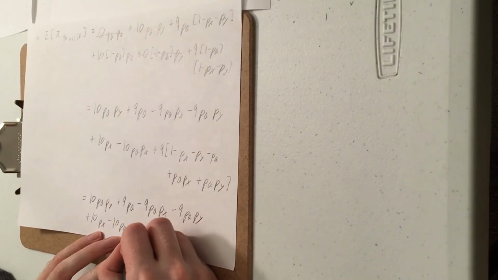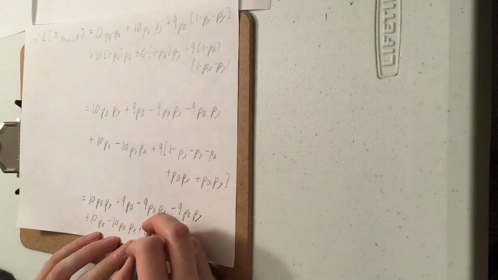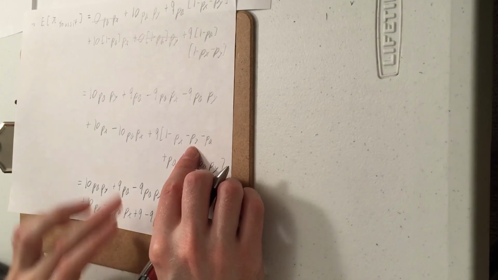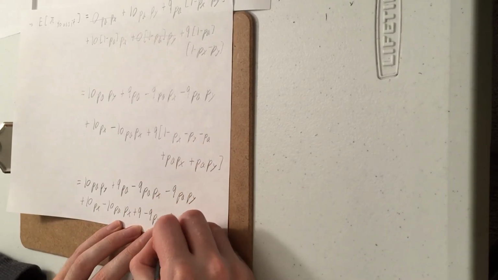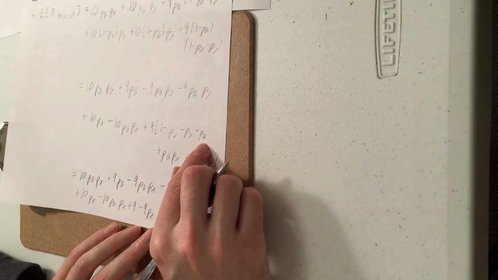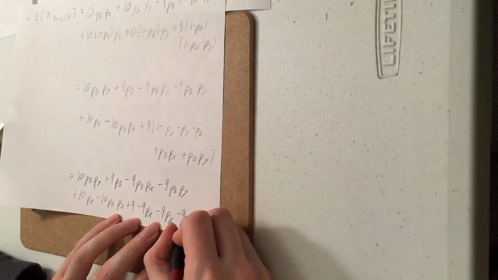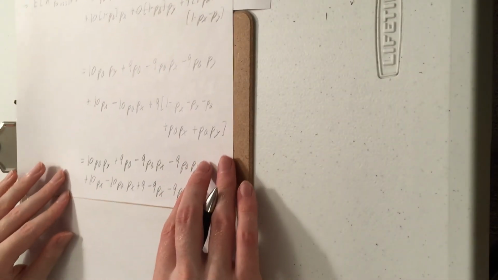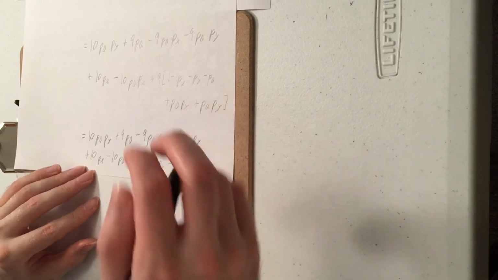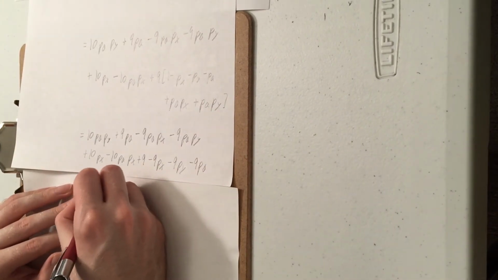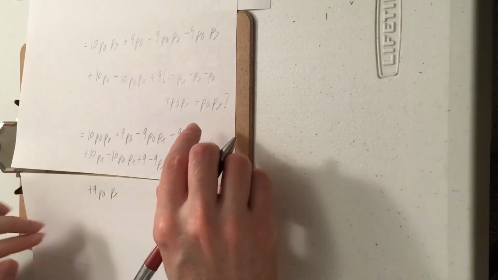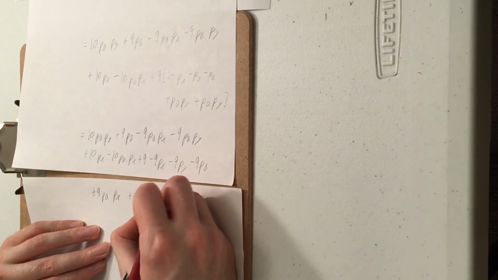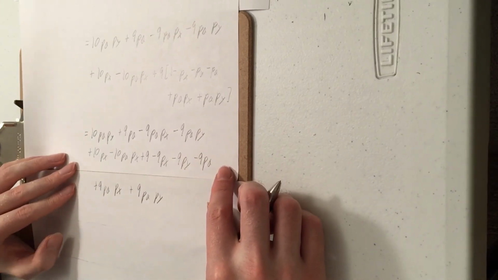So 9 times 1, so plus 9. Minus 9PX. Minus 9PY. Minus 9PA. Plus 9PA PX. Plus 9PA PY. And now we get stuff to cancel.